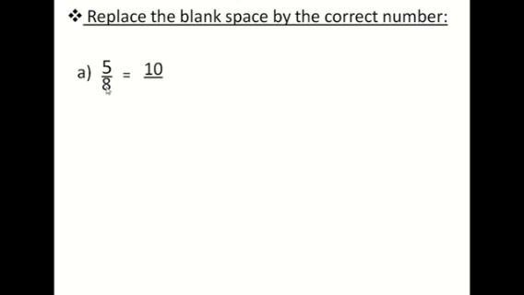So the same way you have to multiply 8 by 2 and get the denominator. So please do it. 5 by 2, 8 by 2. So the fraction is now 10 by 16. So the blank space will be filled by 16.